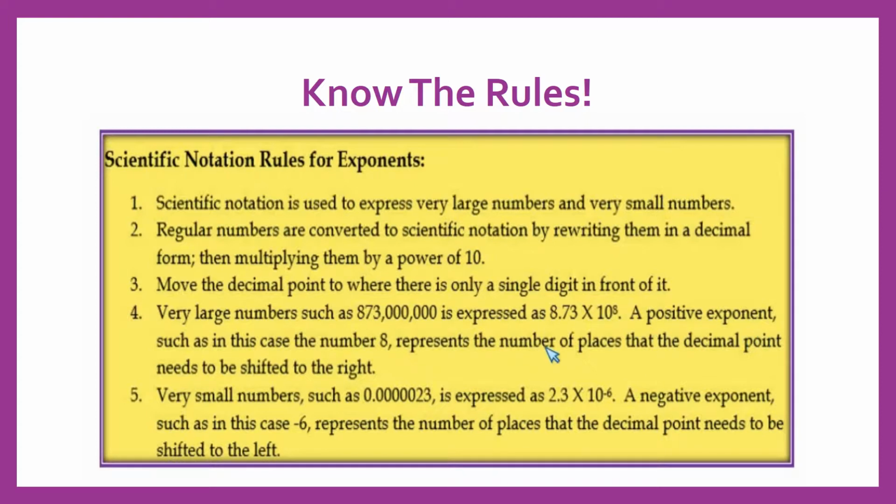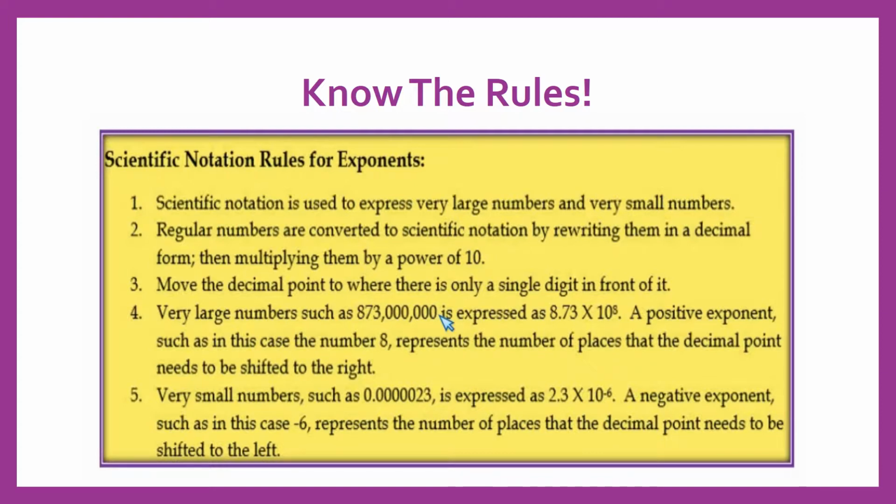A positive exponent, such as in this case the number 8, represents the number of places that the decimal point needs to be shifted to the right, if you are converting this scientific notation into its original value. So you would move this decimal point to the right 8 places so that it ends here.